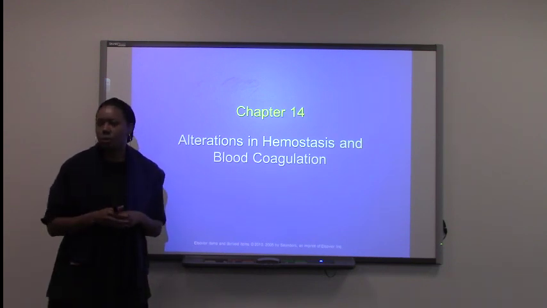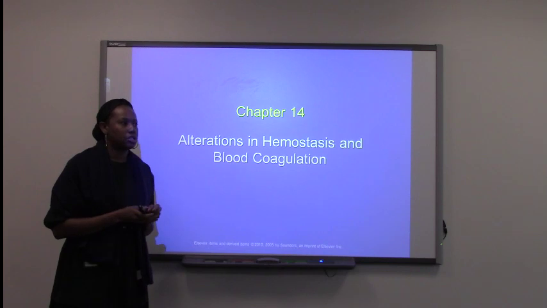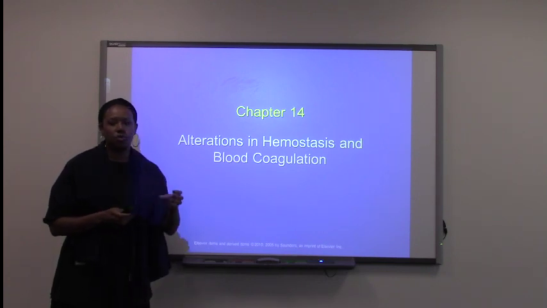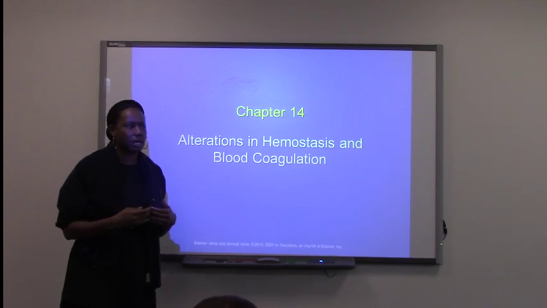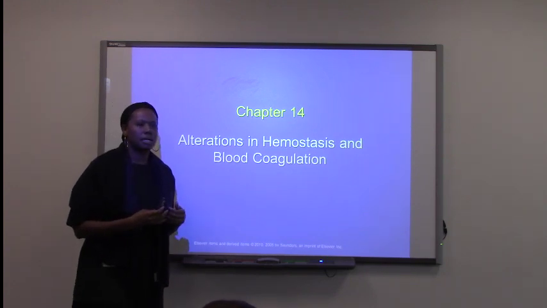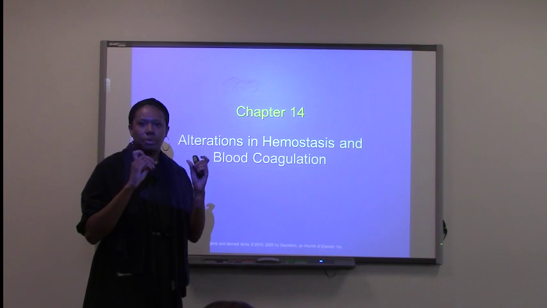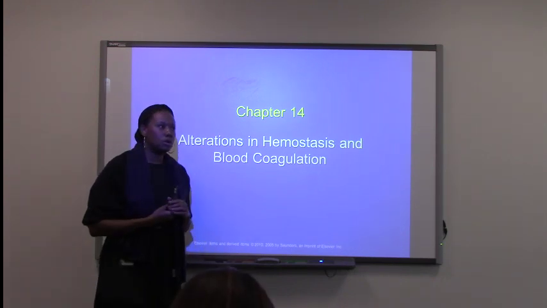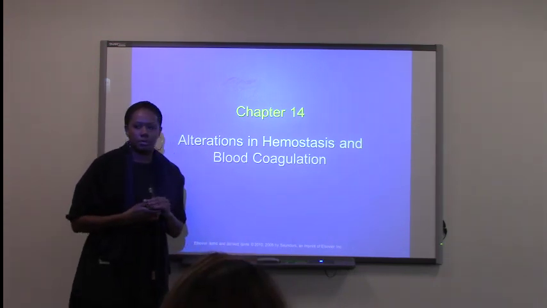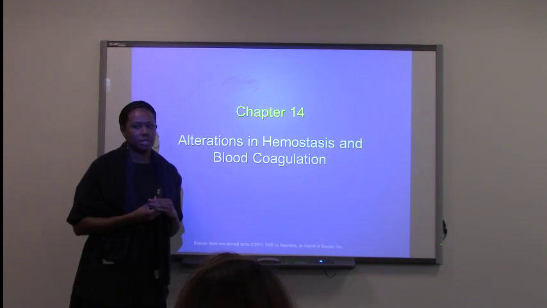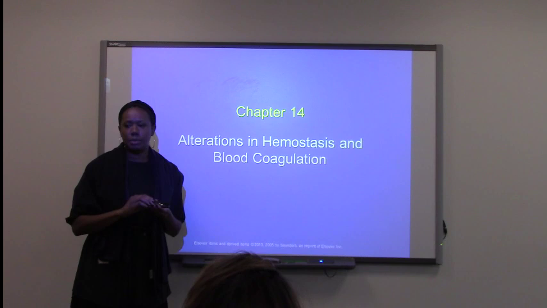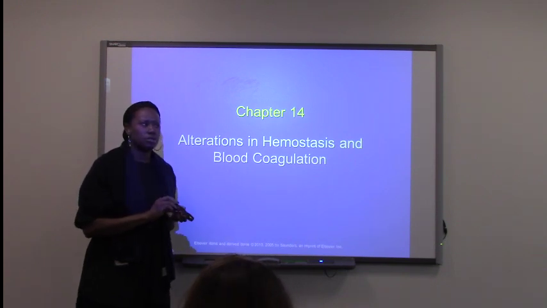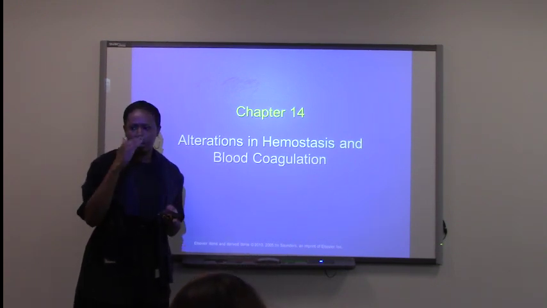When we talk about blood coagulation issues, this is where a person does not have a normal blood clotting process. Now, what do you know is involved in the normal blood clotting process from basic anatomy and physiology? Platelets, very good, so we know that platelets are extremely important in that process. What else do you know that's part of that clotting process?